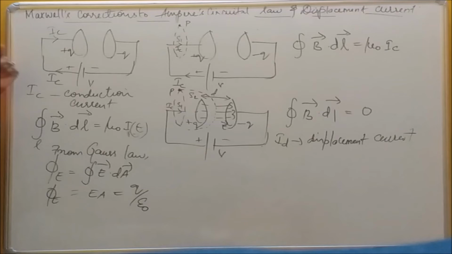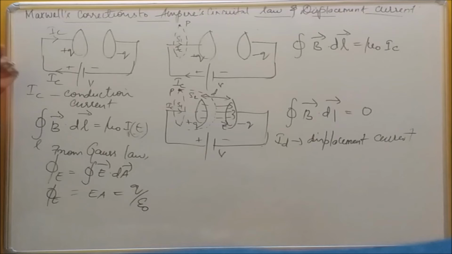That equals EA cos theta, because it is a dot product. There is no angle here between the electric field and the area of the plates, so theta is 0, and cos 0 becomes 1. So we get EA. So phi E equals EA, which equals Q by epsilon naught. This phi E is nothing but electric flux. So electric flux equals EA equals Q by epsilon naught.